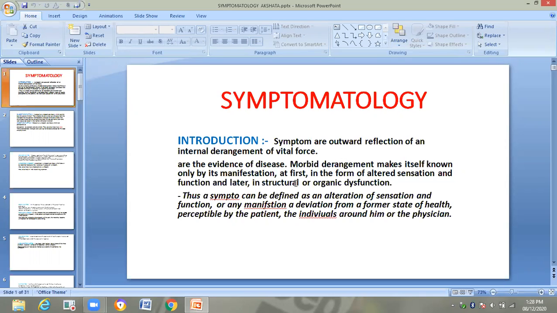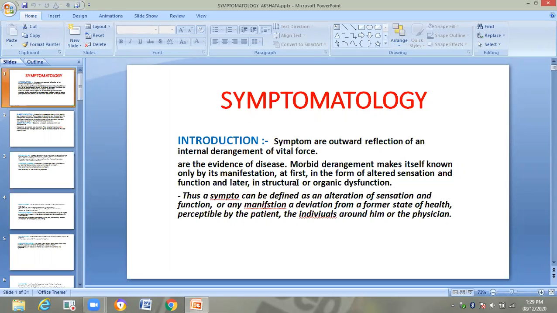So what is morbid derangement? It is nothing but the derangement of the vital force first. When there are any changes, any small changes which take place at the inner level, that is at the level of the vital force, that is called morbid derangement, and it manifests first in the form of altered sensation and function.